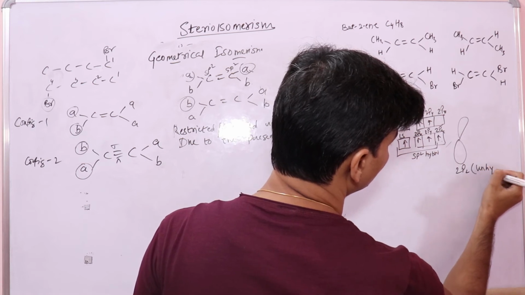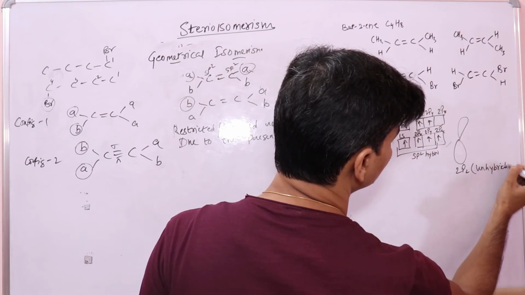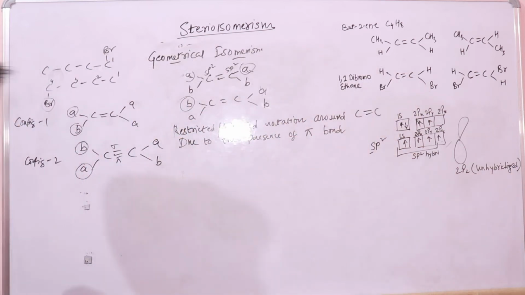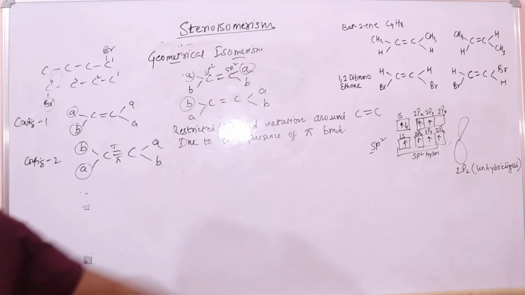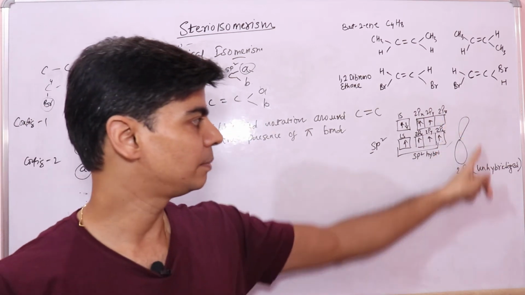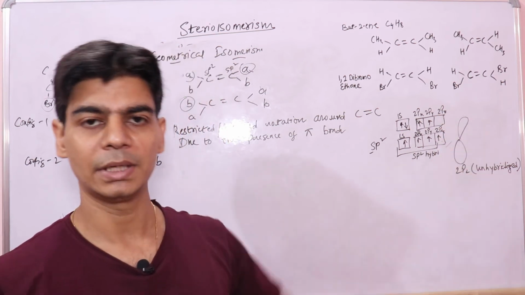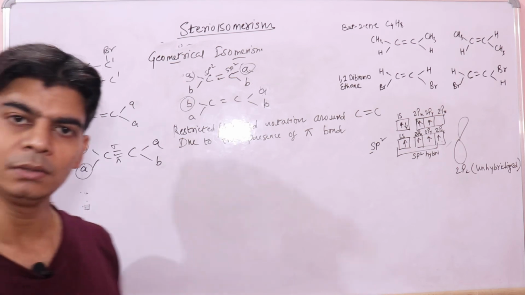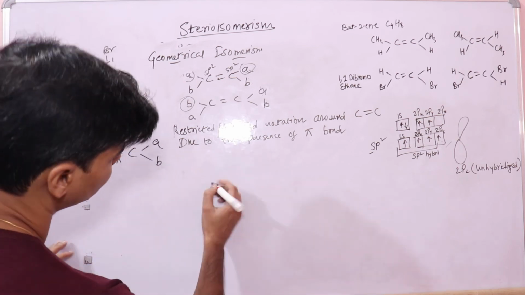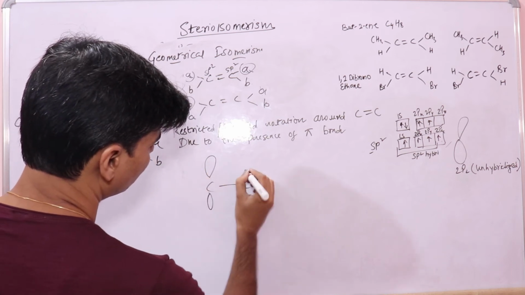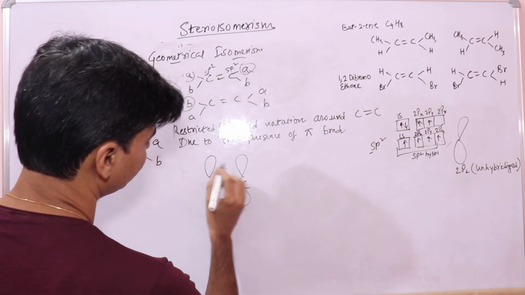So this 2pz orbital is unhybridized. And on both the carbon atoms we have this type of unhybridized p orbital, that will undergo a sidewise overlapping to form a pi bond. Like this.